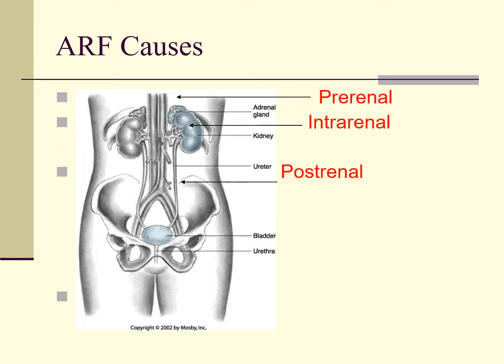This is a nice visual. Pre-renal really refers to the vascular supply, or the blood supply coming into the kidneys via the renal arteries. So there is some kind of issue with the perfusion of the kidneys.